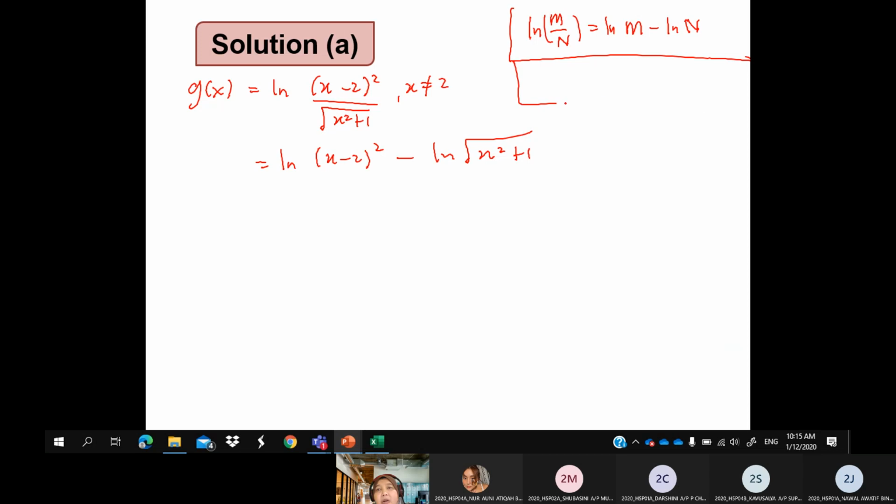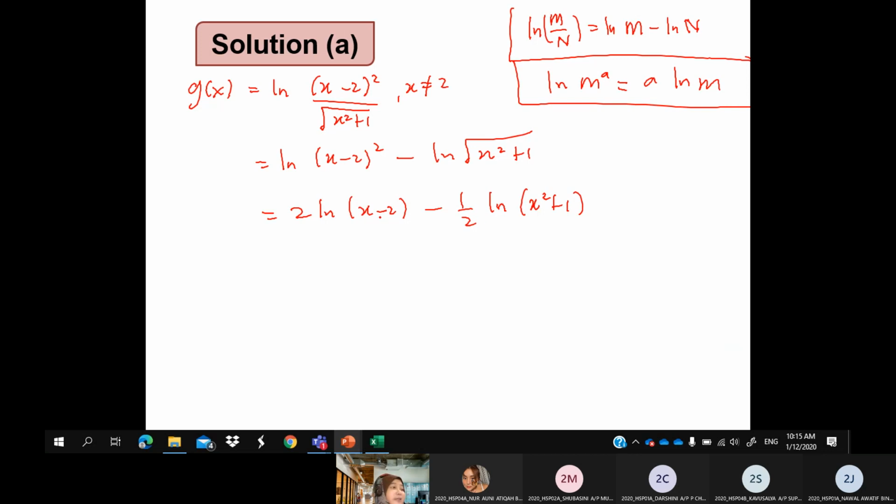And then the third law: ln of m to the power a can be written as a ln m. Here they use the third law: 2 ln(x minus 2) minus half ln(x squared plus 1).